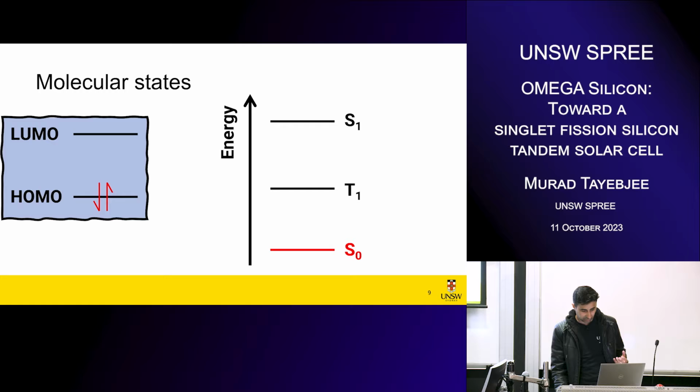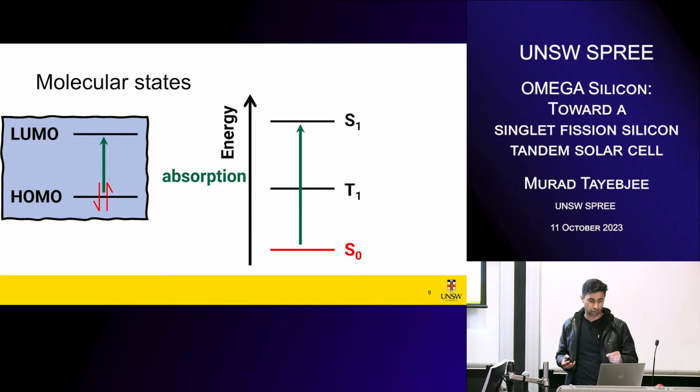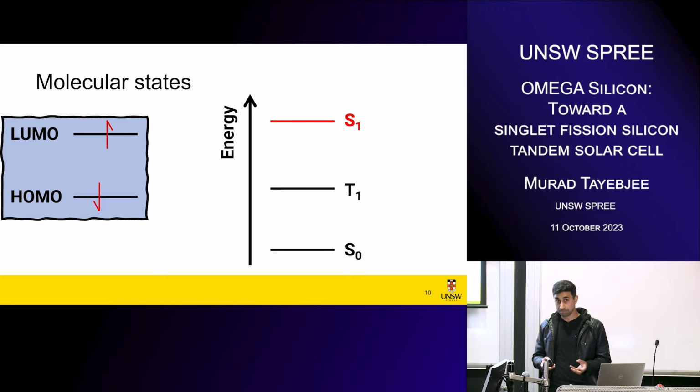All right? You can get from the S0 to the S1, creating a singlet exciton via absorption. What happens is you promote an electron from the HOMO into the LUMO, but you retain its spin, so you have a spin up half here and a spin down half here, giving an overall spin 0 state.